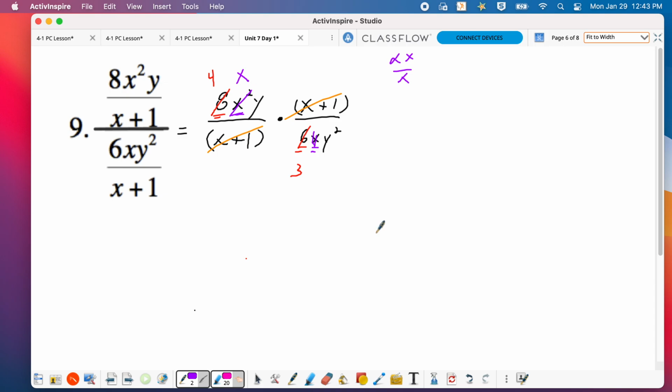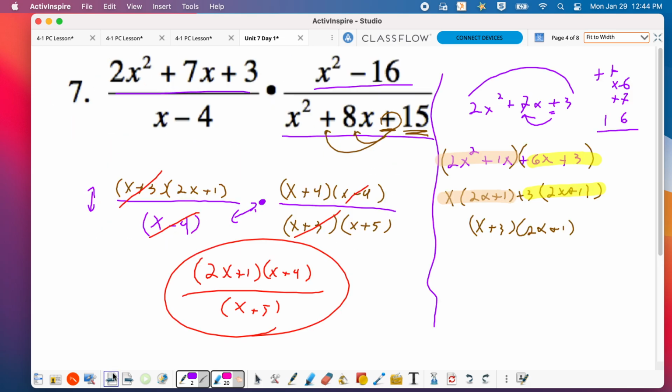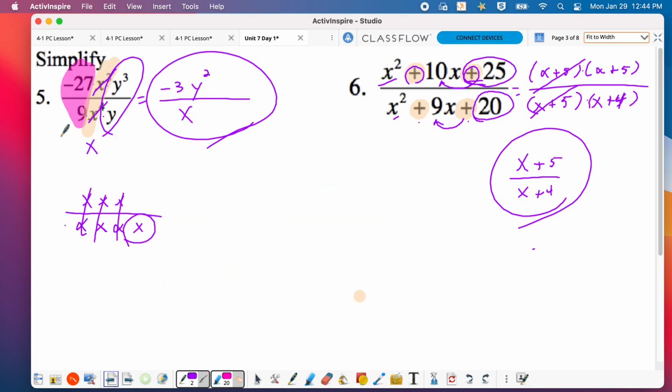For my y's, I have y over y squared, leaving me with a y on the bottom, giving me 4x over 3y. So the 8x squared y over 6xy squared is the same concept we did here.